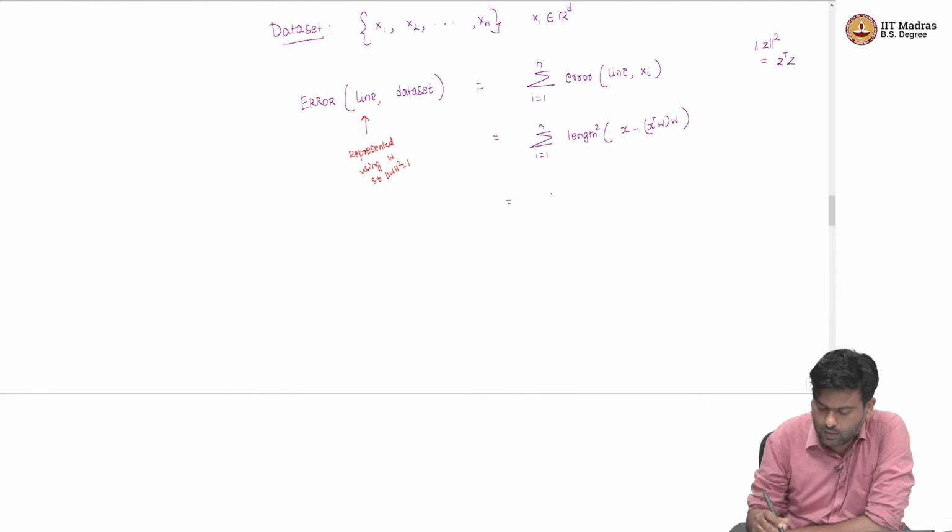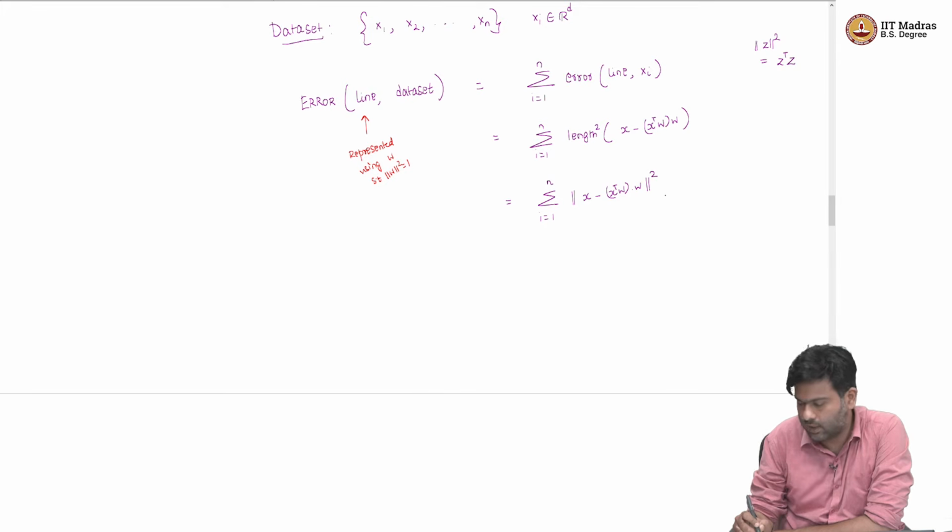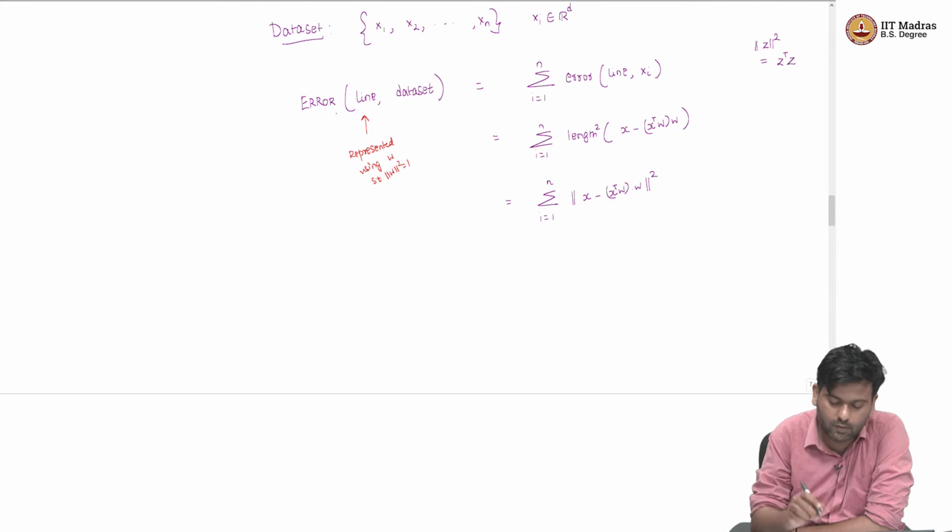Now, if we do that, this is going to be the sum over i equals 1 to n of the norm of x minus (x transpose w) into w, squared. This is what we want to minimize. This is the error of a given line, given w, with respect to the data set, and our goal is to find that w that minimizes this, right.